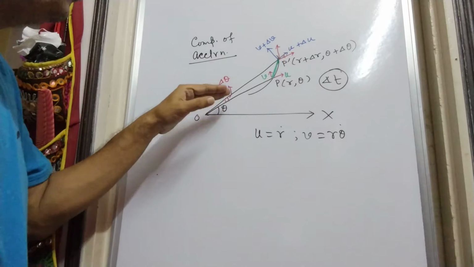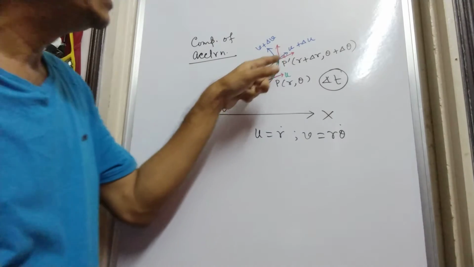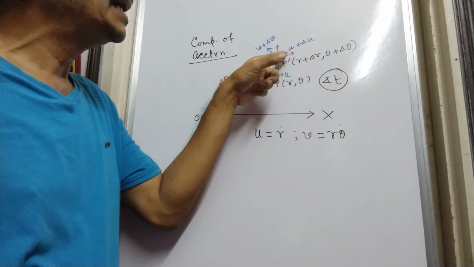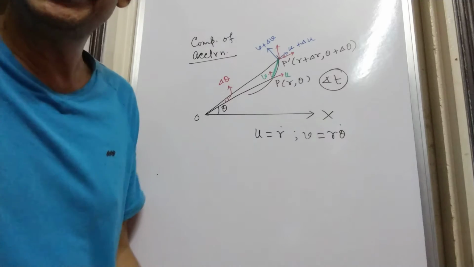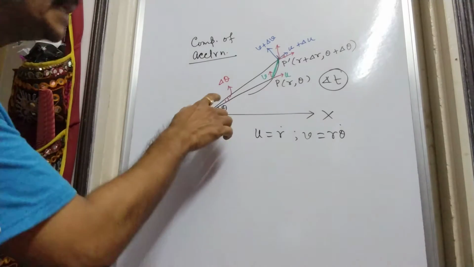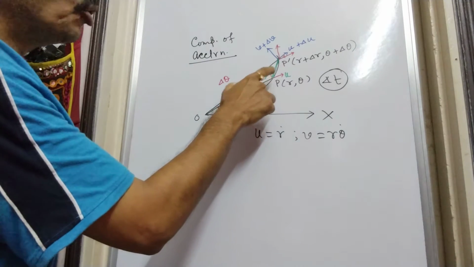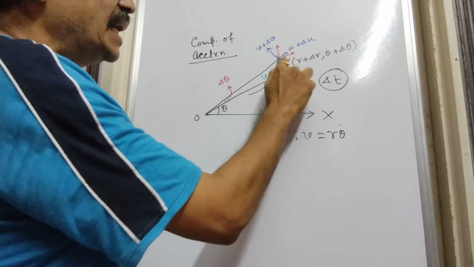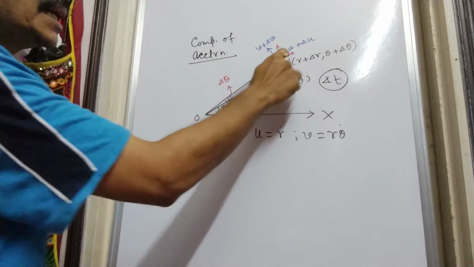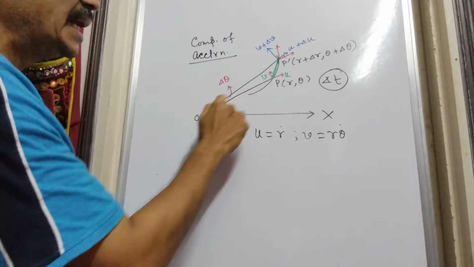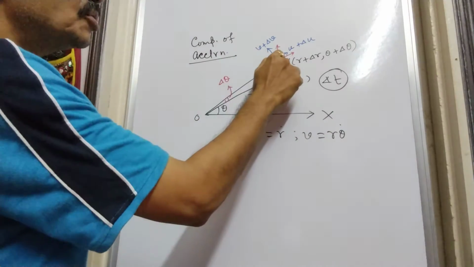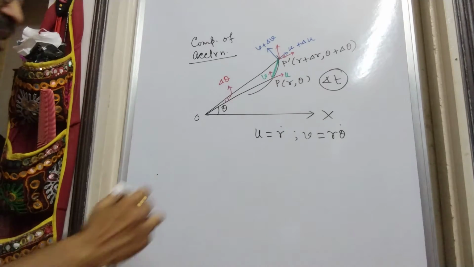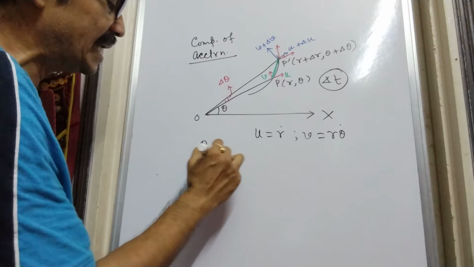Since OP and OP prime make an angle delta theta, the component u will make an angle delta theta with u plus delta u. Simple geometry, isn't it so? This is delta theta making an angle with OP and OP prime. So obviously since u acts along OP, and here we have denoted with this red arrow, this is parallel to this and this is along OP prime, so it will be delta theta. Quite clear?